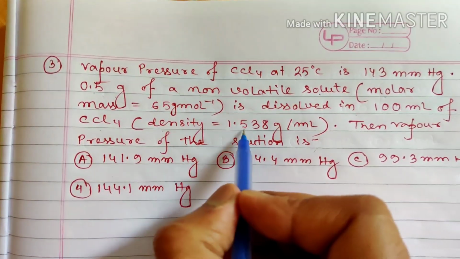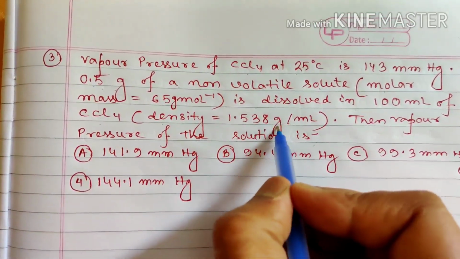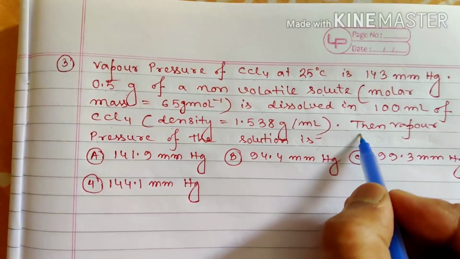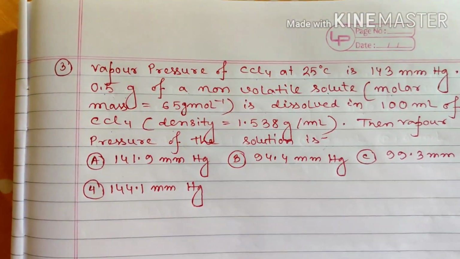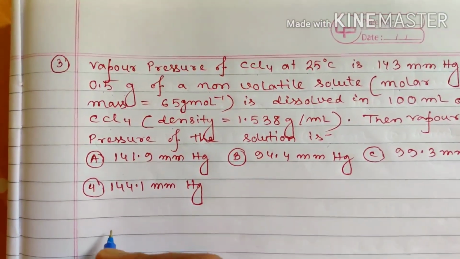The density of CCl4 is given here as 1.5 gram per milliliter. Then the vapor pressure of the solution is how much? Four options are given. Now let us figure it out first.